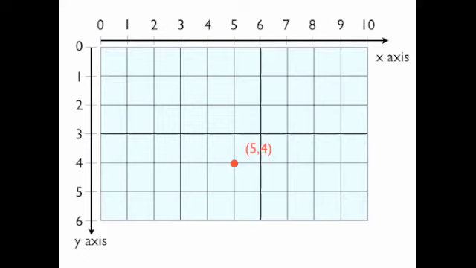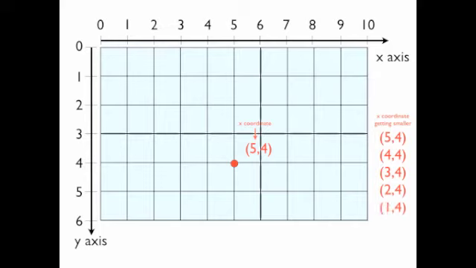Alright, let's look at this pixel and let's just focus in on the x-coordinate. What would happen if the x-coordinate were to get smaller? What do I mean by that? Well, what happens when the x-coordinate gets smaller? We start at 5, 4, and then we take the x-coordinate, which is 5, and we lower it, making it 4, 4, then 3, 4, x equals 2, y equals 4, and then 1, 4.